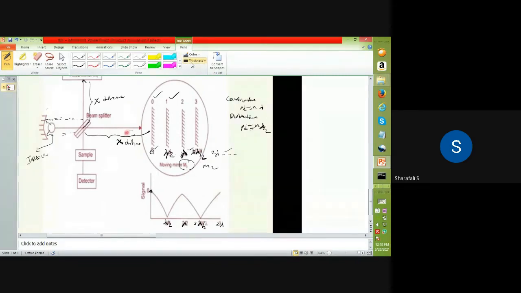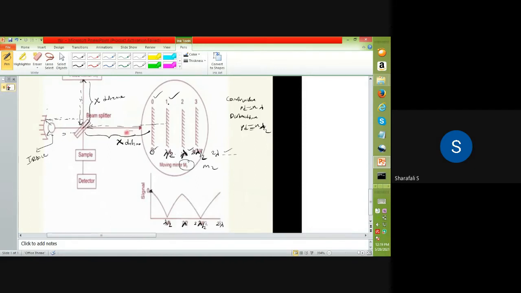So the path difference between the beams coming back to the beam splitter from M1 and M2 will be lambda by 2.